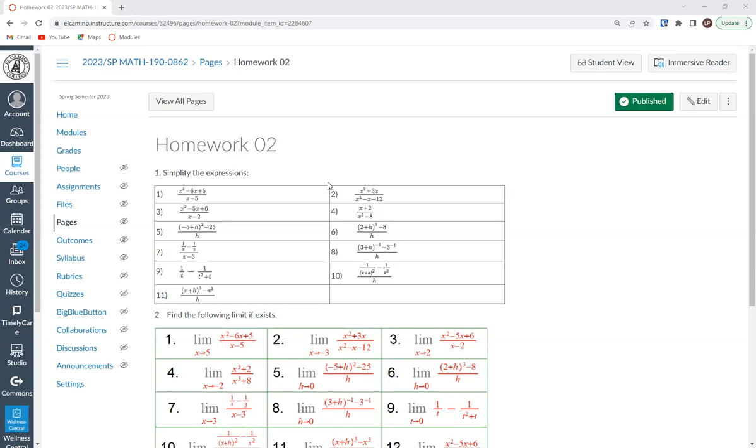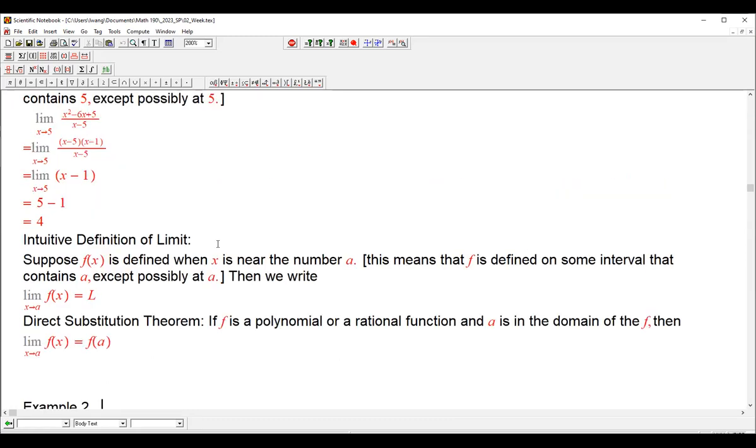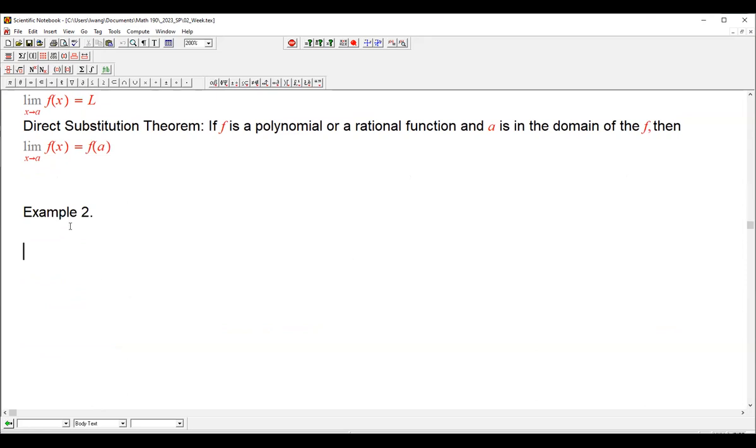Let's go back to the other document. This is example number 2. This time we're going to have the limit as x approaches -2, and the function in consideration is x plus 2 over x raised to the power 3 plus 8.